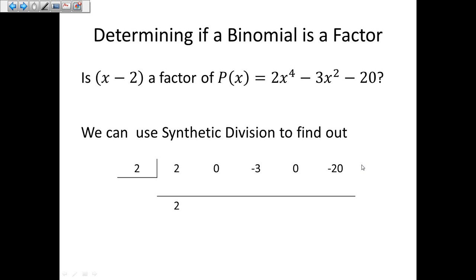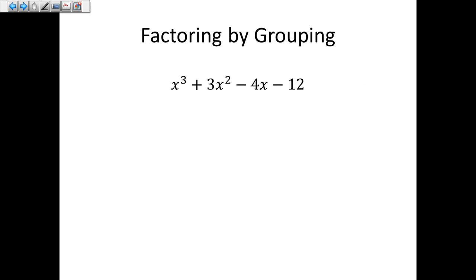We drop that first 2 straight down, and then I multiply and add, multiply and add, multiply and add, multiply and add. So I do get a 0 here for the remainder. So that means that yes, x minus 2 is a factor.